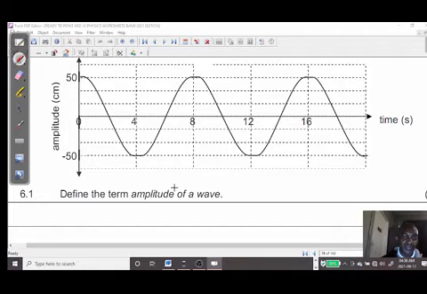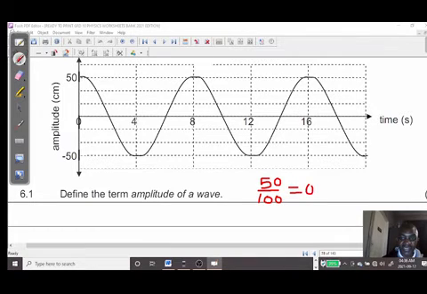You know that to convert from centimeters to meters you divide by 100. So in this particular case, my answer is 0.5. So my amplitude is 0.5 meters.